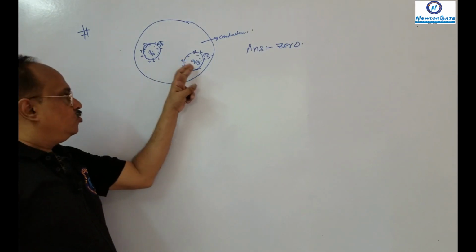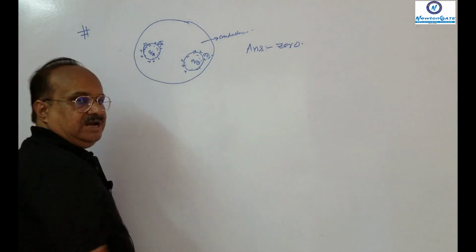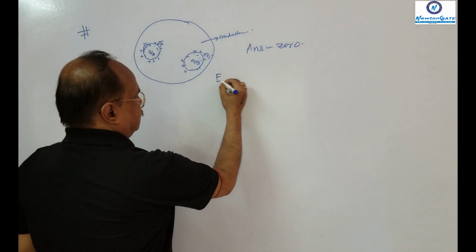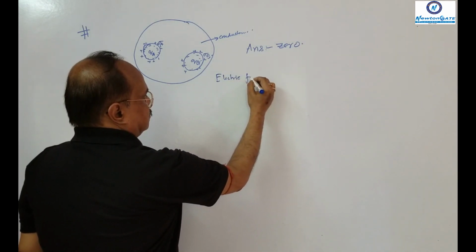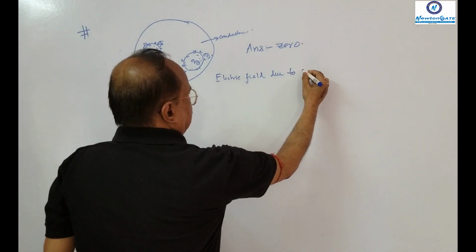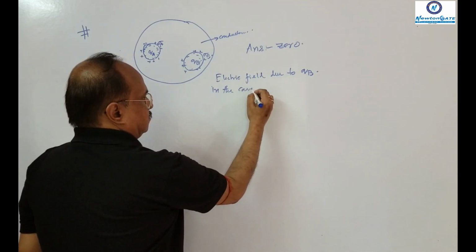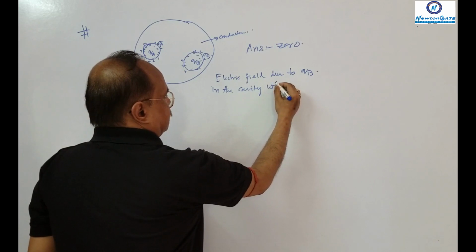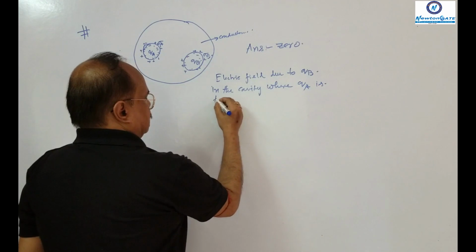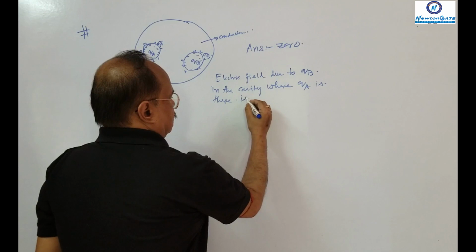But one thing you must know, that the electric field inside this cavity, due to QB, in the cavity where QA is there, is 0.